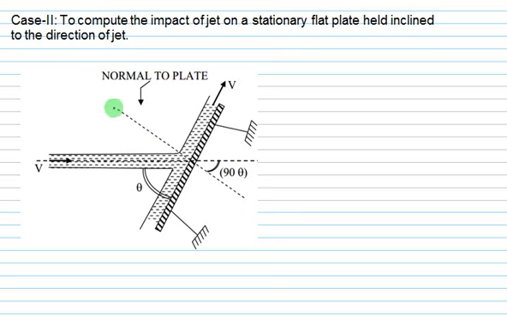We will solve this problem assuming this case, because this is a simple case. If we assume that this is a normal and we consider only this component of velocity, in that case the return velocity will be 0 in this direction. So what we do is resolve the value of v along the direction of the plate. This one is v.